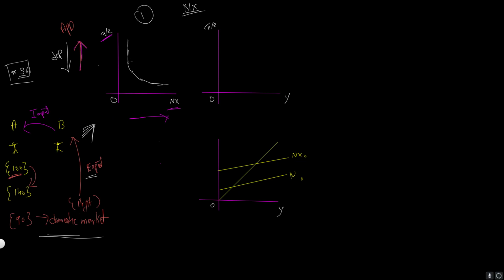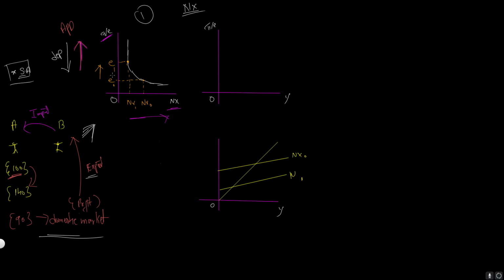So let's say that the initial point of exchange rate is E0, and let's say we have another point here. Let's call it E1. Let's call this NX0, and let's call this point NX1. What is happening? Essentially, in this diagram, I'm causing the currency to appreciate from E0 to E1.